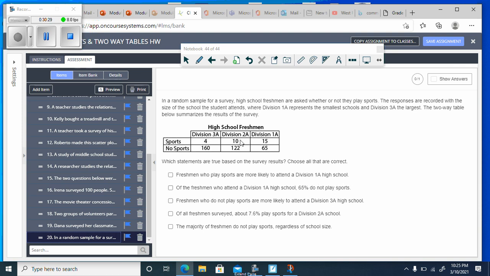Those who play sports, let's see. What percent of those? No sports or no sports? High school freshmen. Let's do our totals. We're going to need our totals here. We're going to need some percents here to understand our results. So let's get us some totals so we can do some percents.